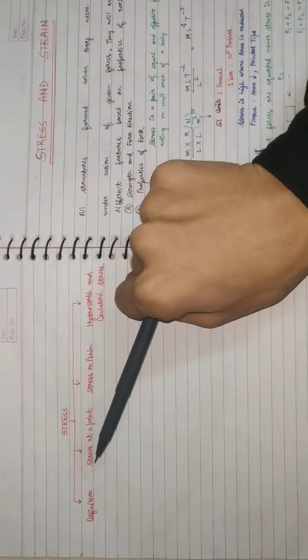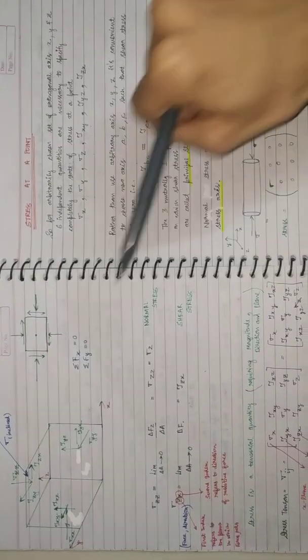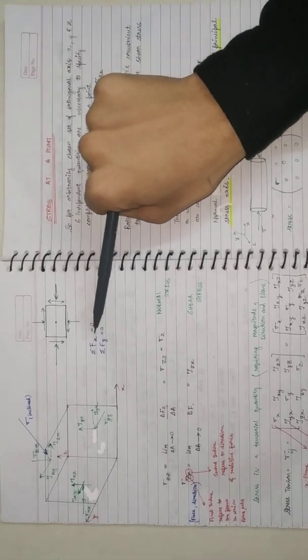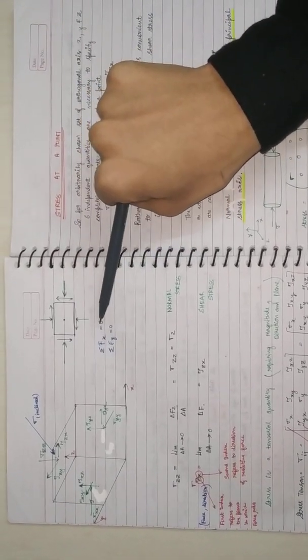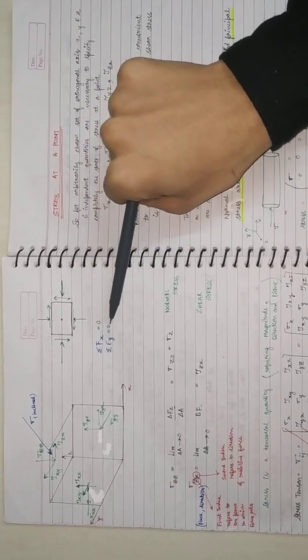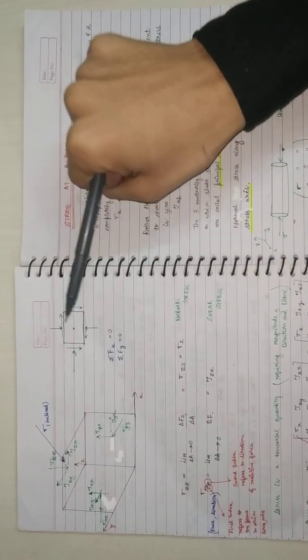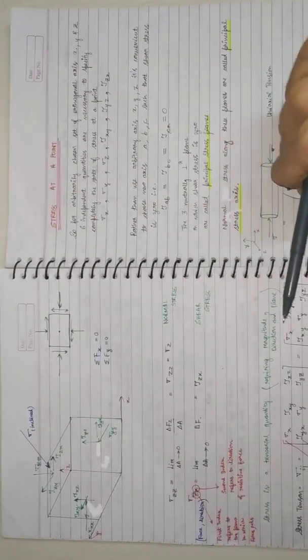Next, we move to stress at a point. The first and foremost assumption is that the sum of Fx equals 0, the sum of Fy equals 0, and the sum of Fz equals 0, that is, the body must be stationary. That is the first condition.